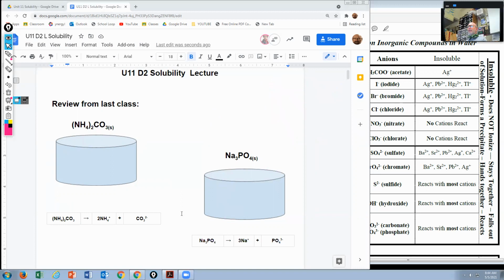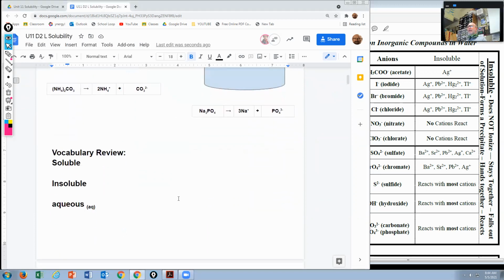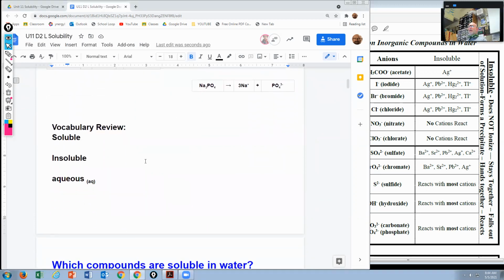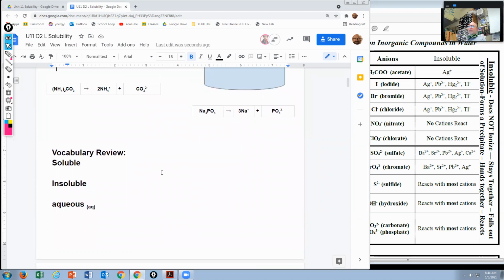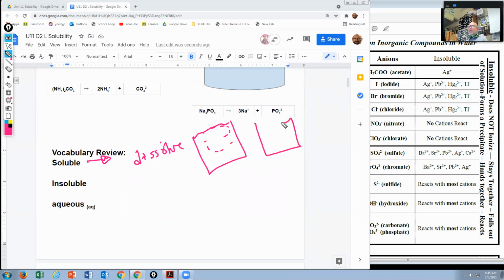So let's move on. So today's lecture is going to be talking about solubility. So let's just talk about what soluble means. Soluble, ladies and gentlemen, means the ability basically to dissolve in water. So if you put salt in water, salt kind of disappears to where the container just looks like regular water.